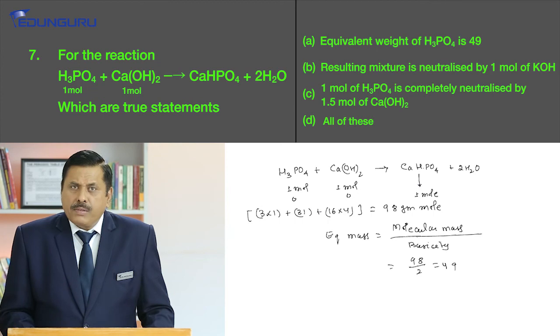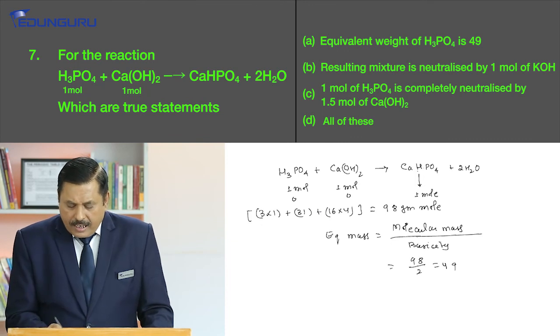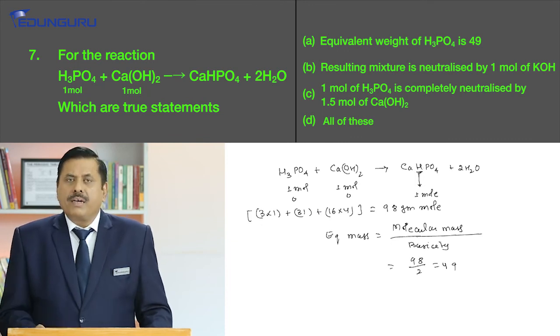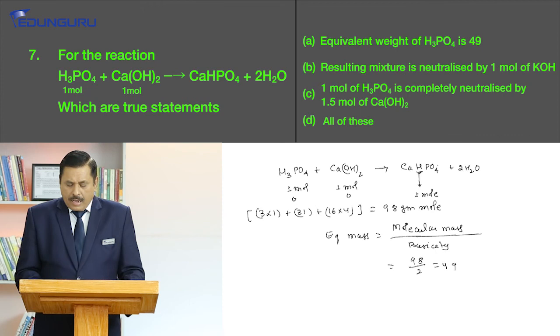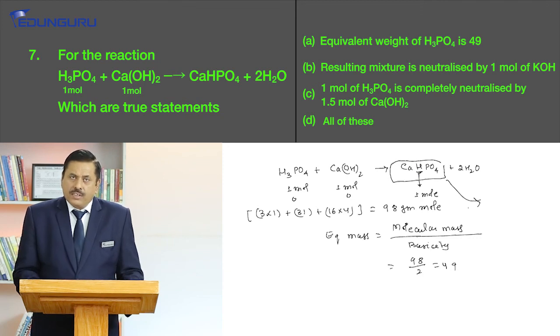Now, this CaHPO4 is called an acidic salt because it still contains 1 replaceable hydrogen. And since we have 1 mole of CaHPO4 formed, to further neutralize it, we need 1 mole of KOH, and therefore, the second statement is also correct.